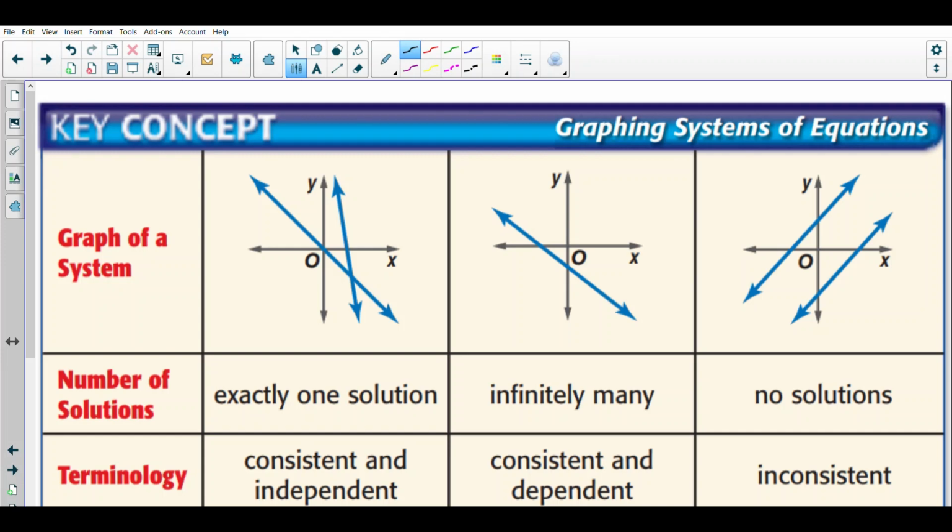The next one seems to be only one line, but there's actually two on top of each other. That tells us there are infinitely many solutions, meaning at every point they're touching. So it's consistent and dependent. And the very last one shows two lines that are parallel and do not intersect, which tells us there are no solutions. If there's no solutions, it is inconsistent. So that's what we're going to be talking about today.